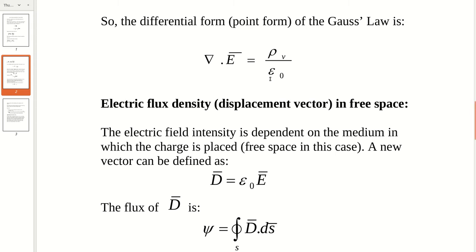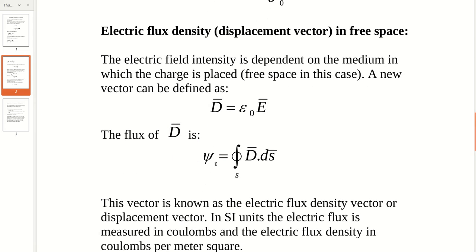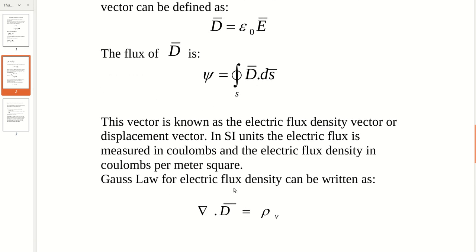Now, electric flux density depends on the medium in which the charge is placed. So we can define another quantity, epsilon 0 multiplied by E, as D, the flux density. This vector is known as the electric flux density vector, or displacement vector.